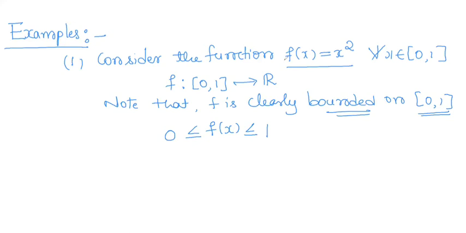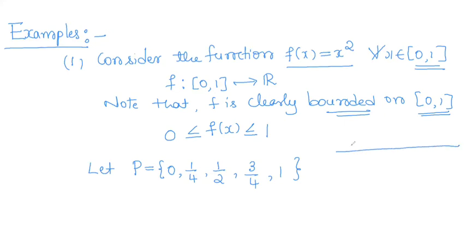So to talk about Riemann integrability, first we need some partition of this closed interval 0, 1. So we shall consider some particular partition. What is a partition of a closed interval? It is a collection of finitely many points from 0 to 1. So I'll consider points 0, 1 by 4, 1 by 2, 3 by 4, 1.